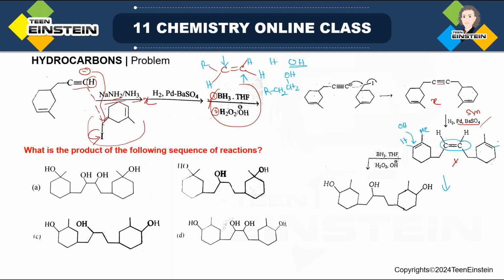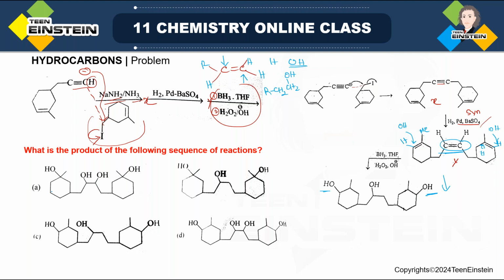And similarly, here also it is the same type of group. OH will be added to this carbon and H will be added to this carbon. And if you consider this one, this is actually symmetrical. Both sides are the same. So it doesn't matter which side you put OH. But this should be the structure of the final compound.